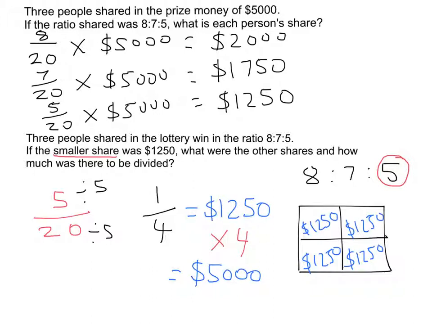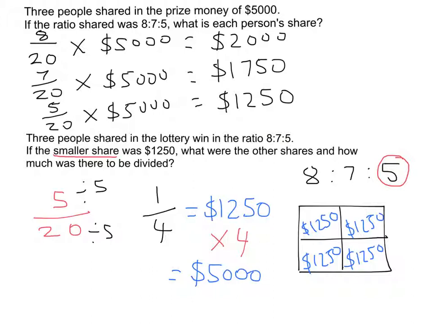All we have to do is what we did before in this other easier question. So this question here is a harder version of the same question. So now that we have the total prize money, the rest is really easy. All we have to do is get the fractions for the rest of the portions in the ratio.